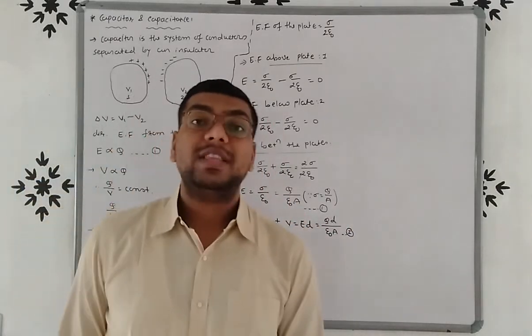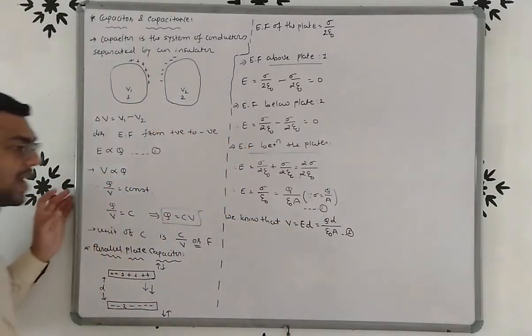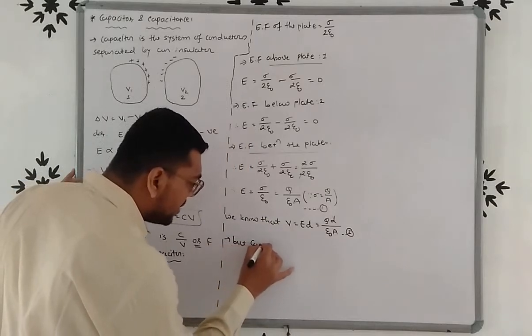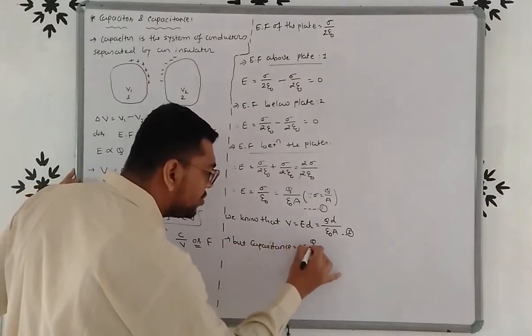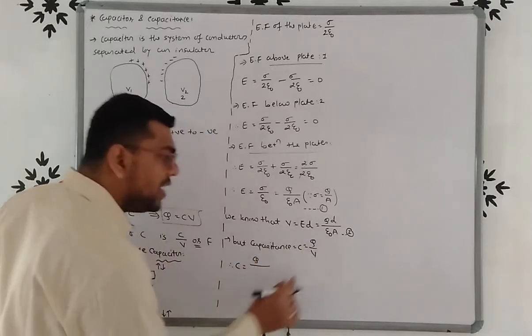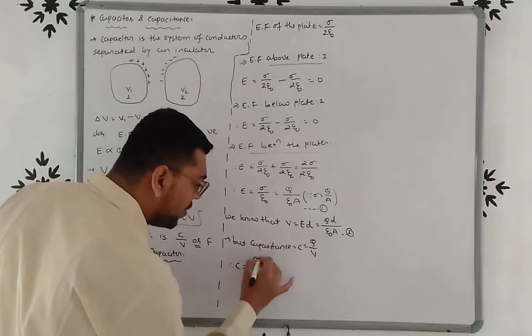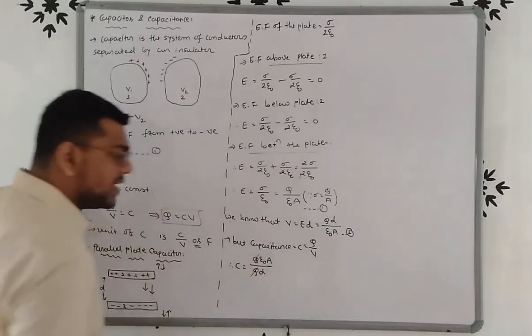Now to find out the capacitance C, we know that C is equals to Q by V. So capacitance C is equals to Q by V. So C is equals to Q upon V, but value of V from equation number 2, QD upon epsilon 0 A. So here this charge Q cancels.